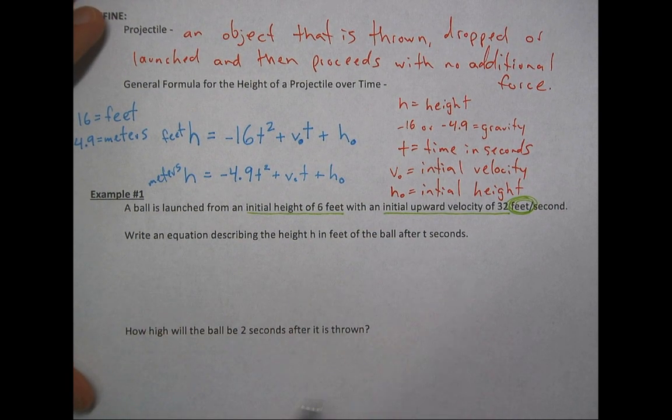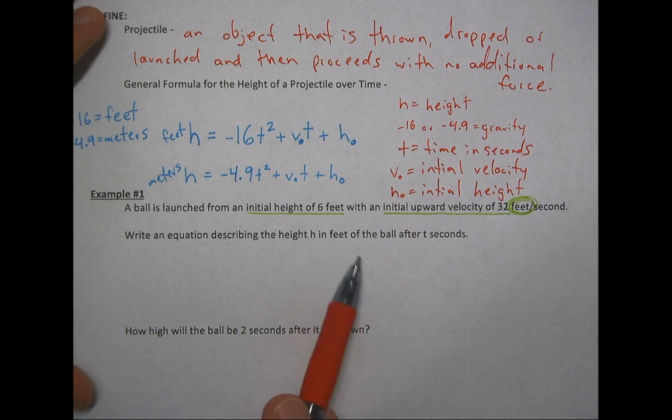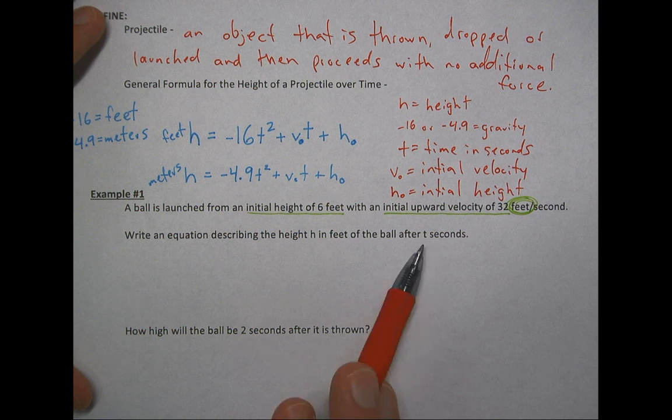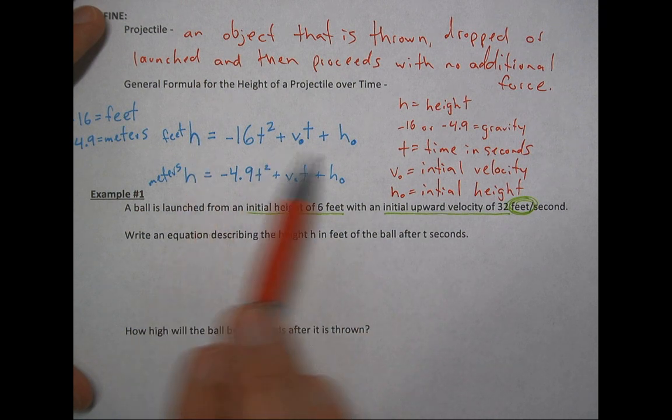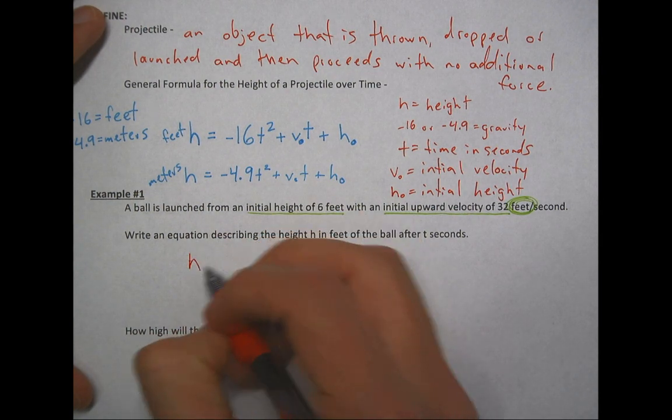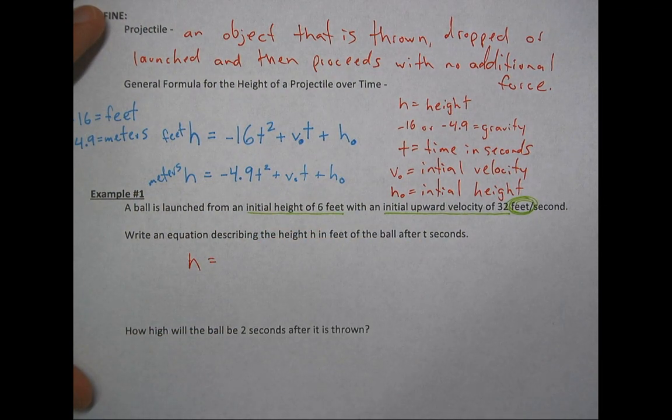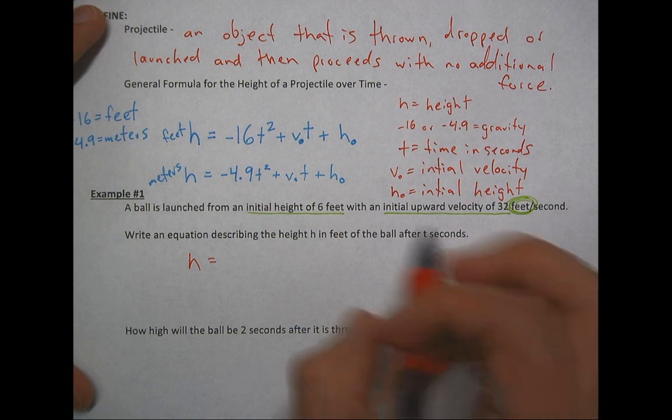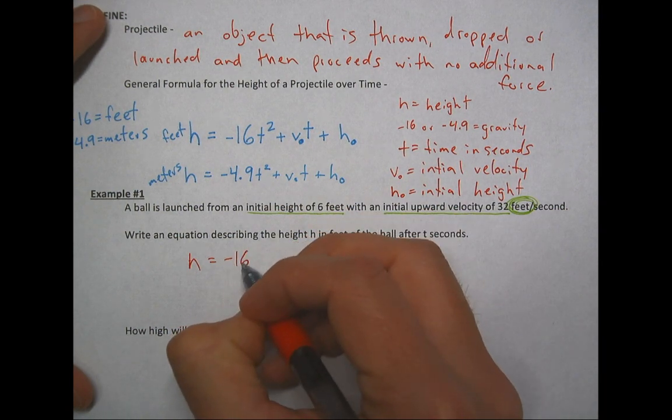So we're just going to write the equation describing the height, h, in feet of the ball after t seconds. So we don't know how much time has passed, but we do know some of these things. So this equation will help us find the height. We don't have that yet. Since this is in feet, I'm going to use the negative 16.